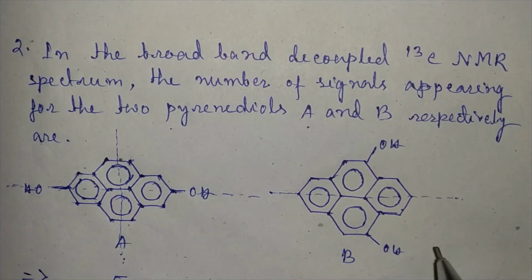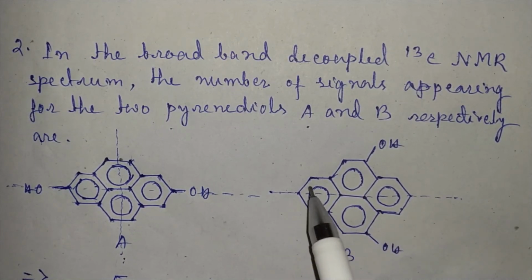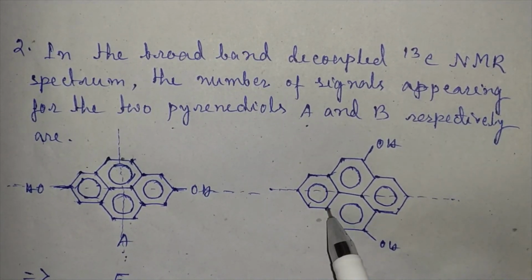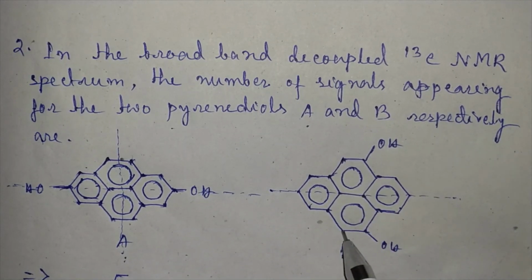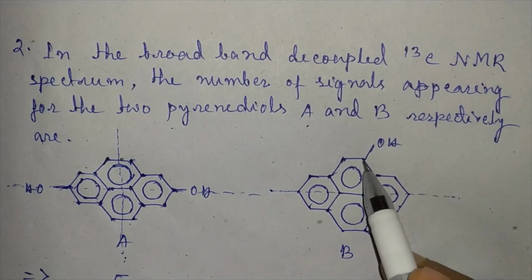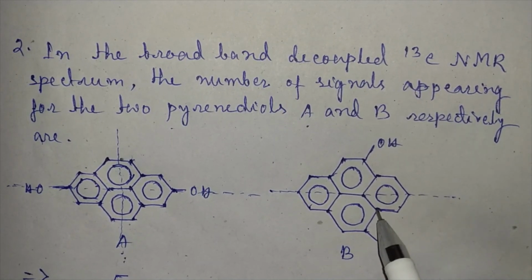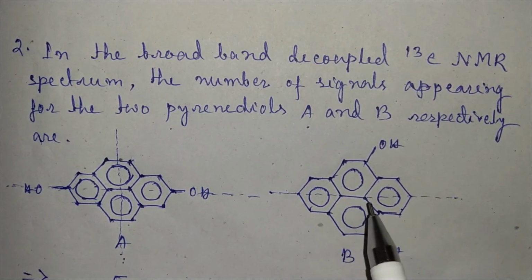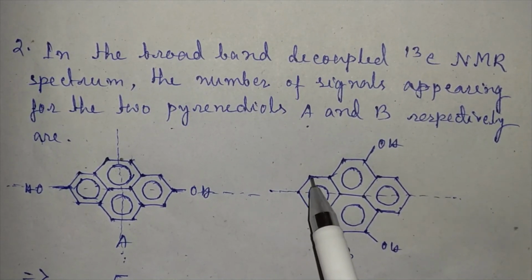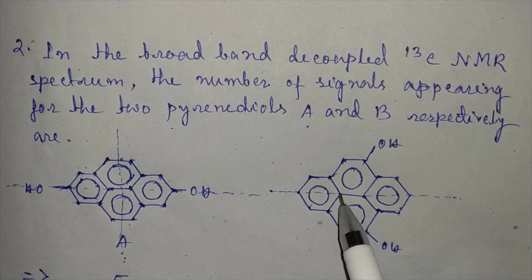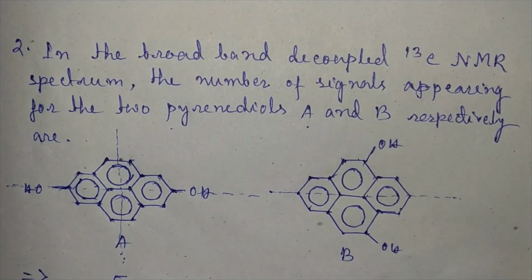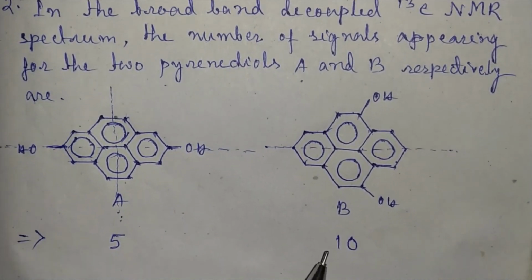To see how many dissimilar carbons are there, we can see that this and this carbon are similar, this and this carbon are similar, this and this similar, this and this similar. So how many dissimilar carbons are there? 1, 2, 3, 4, 5, 6, 7, 8, 9, 10. So it will give 10 signals.